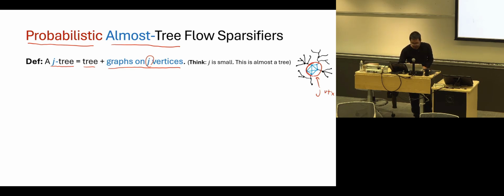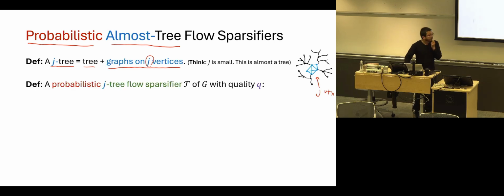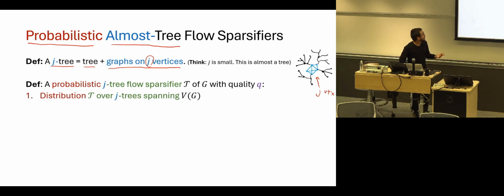Like a core part, and then everything else is like a forest out of this core. Okay. Now, a probabilistic J-tree flow falsifier is like what you would expect from the definition.